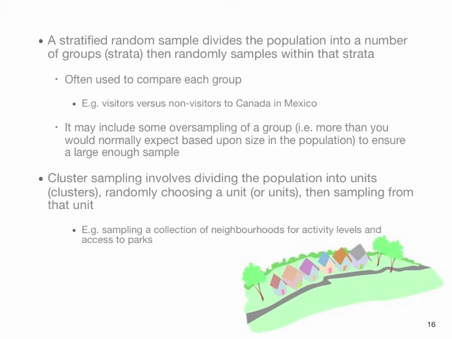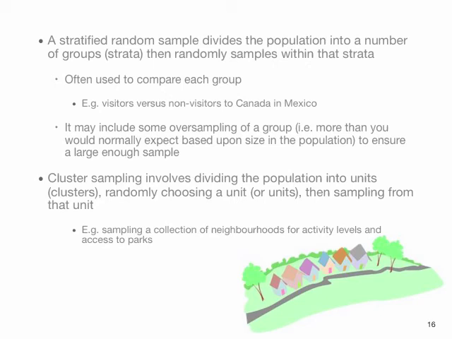Cluster sampling is actually very different to that, in that with cluster sampling you're getting a group together, generally based on geographic location, but not necessarily. And then you're sampling within that group, within that cluster. So for example, you're doing research on people in Vancouver.